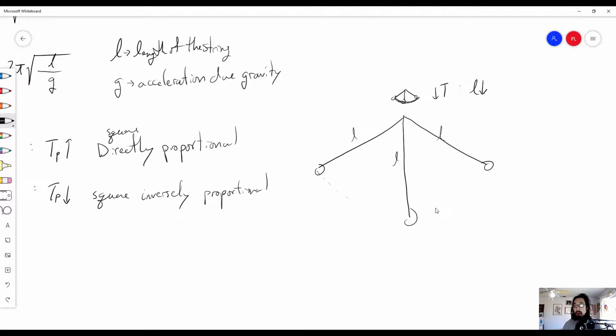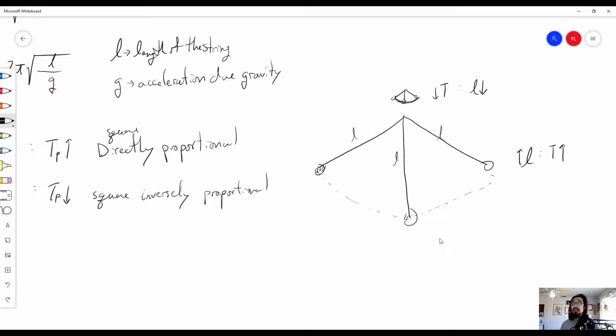Now that means this arc length right here is a long distance that this pendulum bob, that's what we call the object that's hanging, the bob, has to travel over a longer distance. So that arc length increases. And so we say that if the length of the string increases, so does the period of the pendulum. And that is also a square directly proportional relationship.